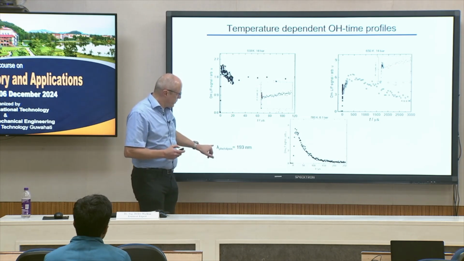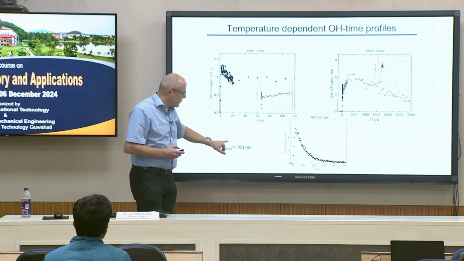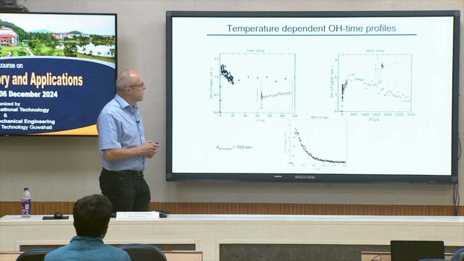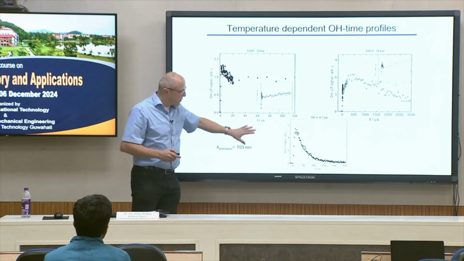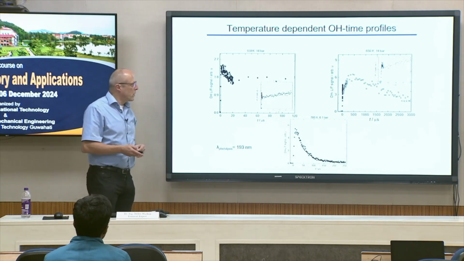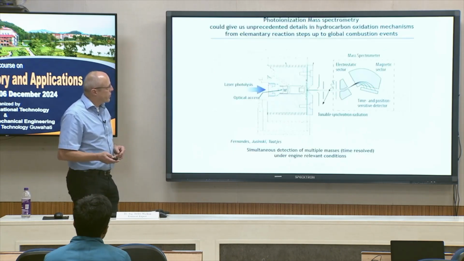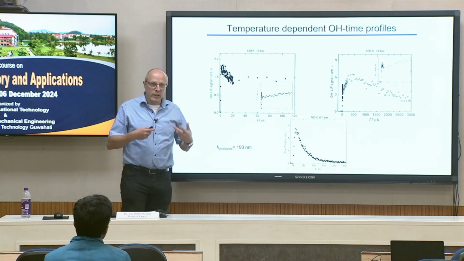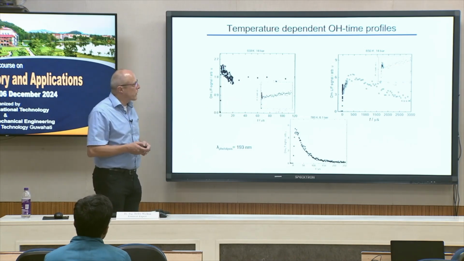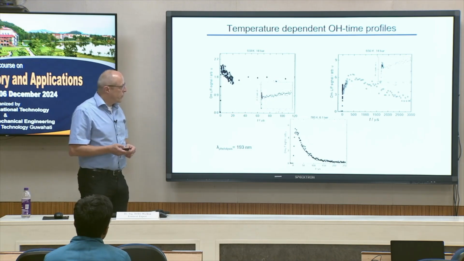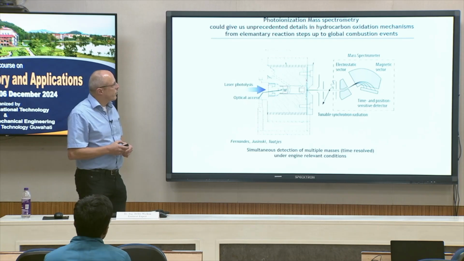The reaction, as I've said, was initiated at 193 nanometers. At different temperatures, of course, we get totally different temporal profiles. But with this information, again, we can examine our reaction, cyclohexyl plus O2, to get more details.